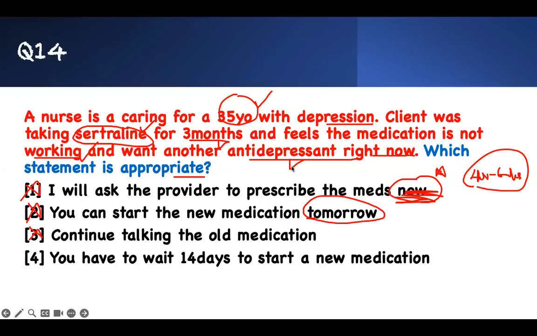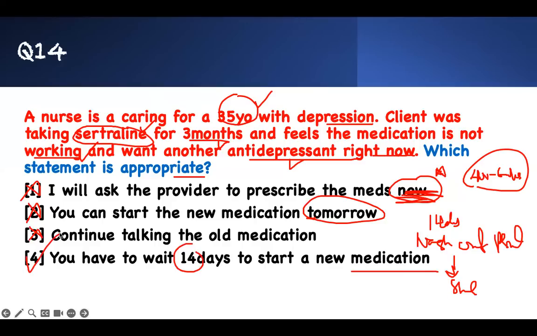If you want to stop, you need 14 days, what we call a washout period. This will wash out the old medication, and then you can start another type of medication in order to prevent complications, especially serotonin syndrome, since the patient is taking an SSRI. So you have to wait 14 days to start a new medication. So this is good.